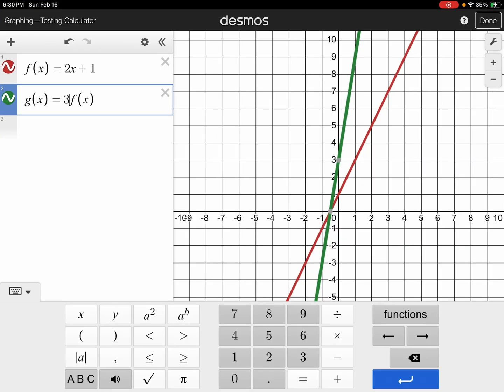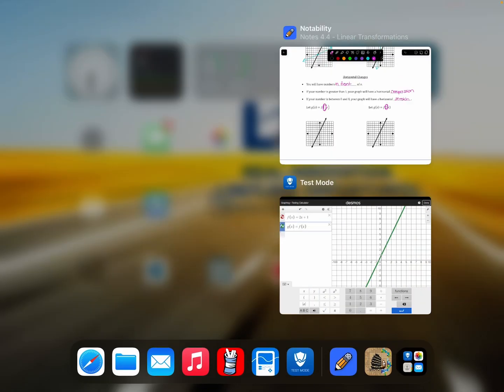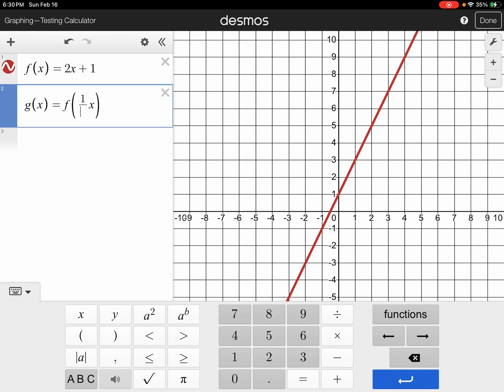So let's go to Desmos, and I'm going to remove that 3 in front of f, and instead, what number did I have? 1/3? Can't see. 1/3 and 5. Okay. Let's do 1/3. So it looks like my graph is getting less steep, and it technically is getting less steep, but mathematically, this is also known as a horizontal stretch.